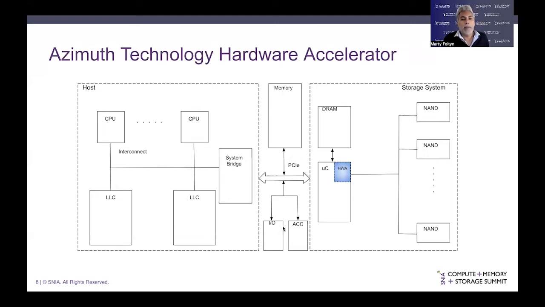Here is an updated block diagram showing the ASME technology hardware accelerator, just to differentiate it from the traditional hardware accelerator labeled ACC. We're calling this the HWA. It's the light blue block inside the microcontroller now.